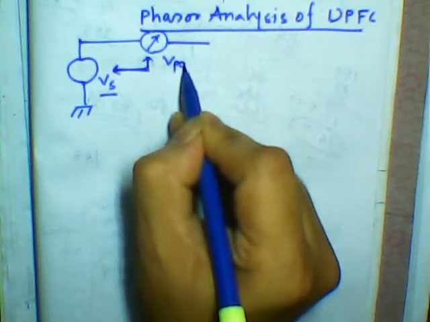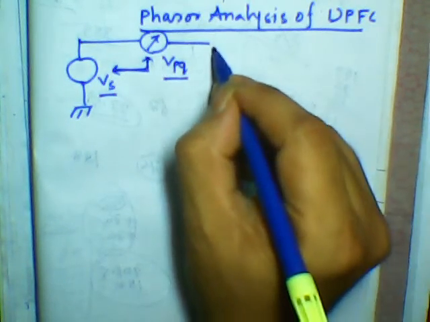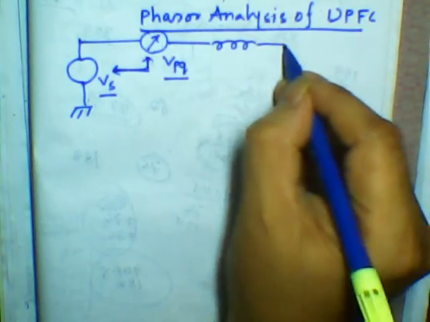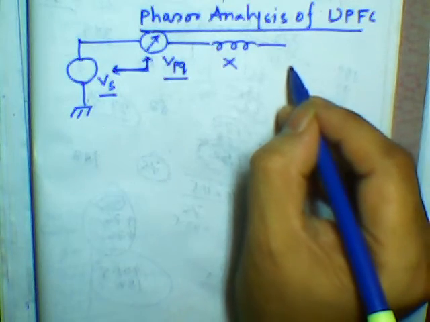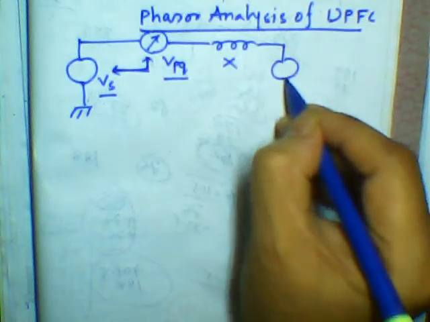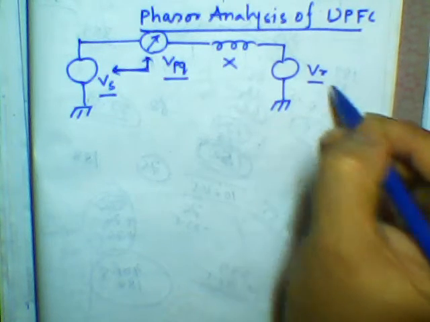Let us call it VPQ, and this is your line impedance X, and this is your receiving end voltage, which is VR.